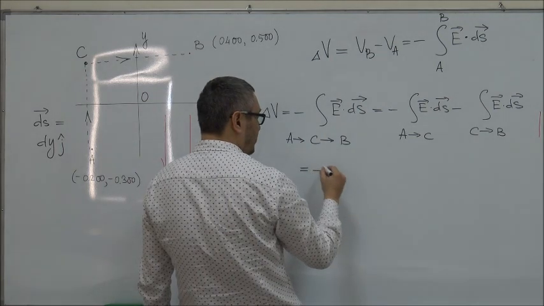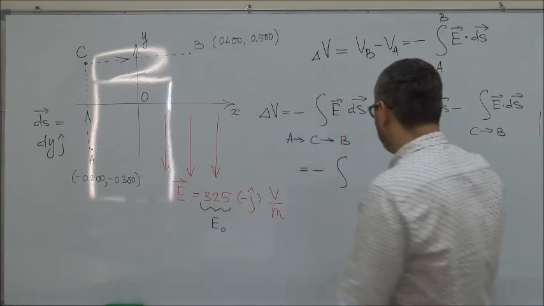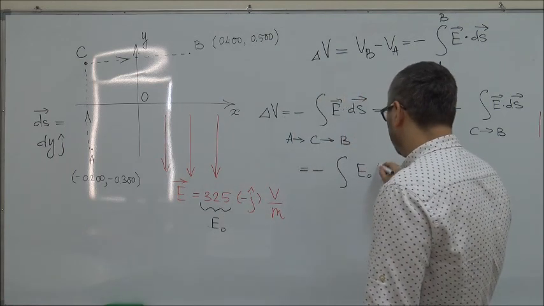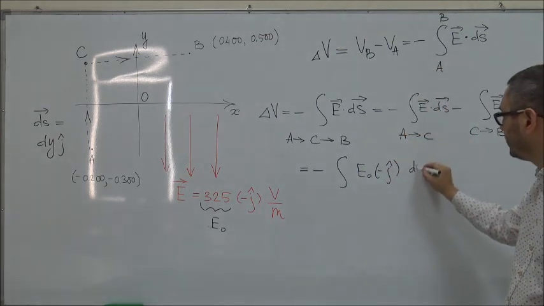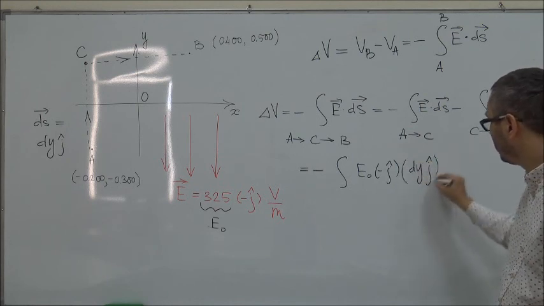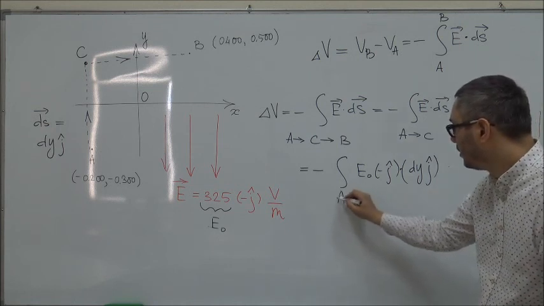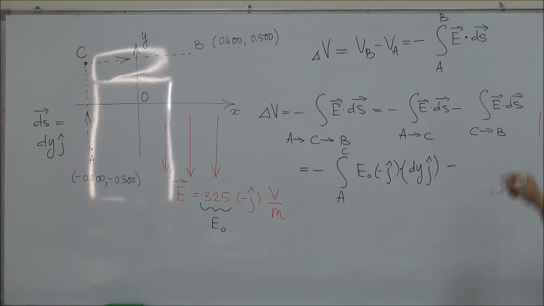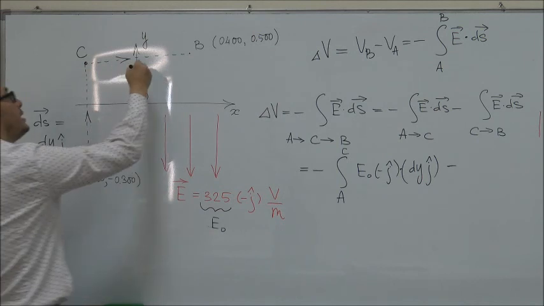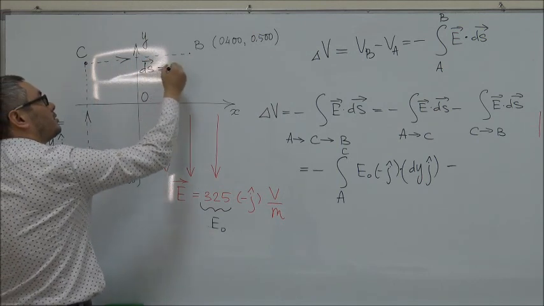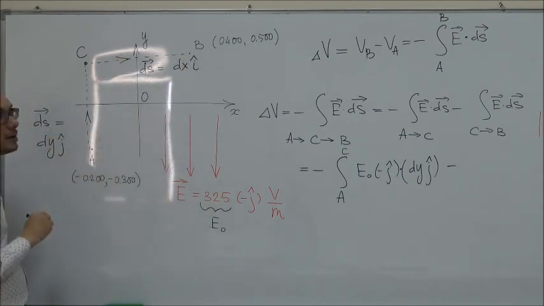So we can say that this is equal to negative E, which is E0 times minus j, dot dy j, from A to C, minus now this integral from C to B. From C to B, our ds is equal to dx, unit vector i, because it's going along the x direction.